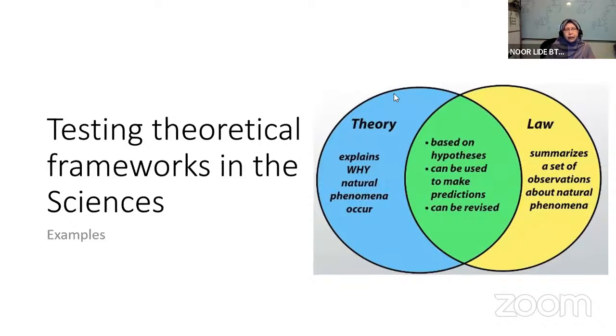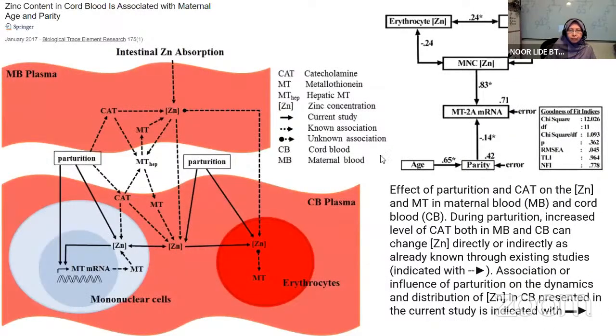I think in the sciences also, you also test theoretical frameworks. Giving you two examples in work that I have worked on with my partners. One is about zinc content in cord blood, which is related to maternal age and parity.